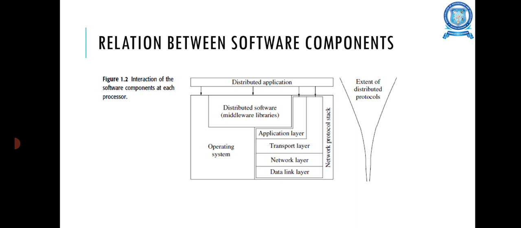This figure shows the interaction of the software component at each processor. Next, the middleware enables the components to coordinate their activities so the user perceives a single and integrated computing facility. A distributed system can consist of any number of possible configurations such as mainframes, personal computers, workstations, etc.